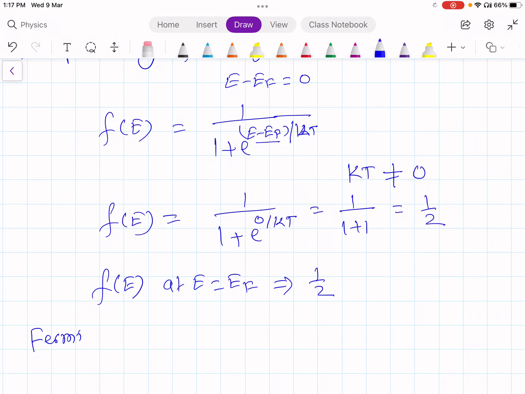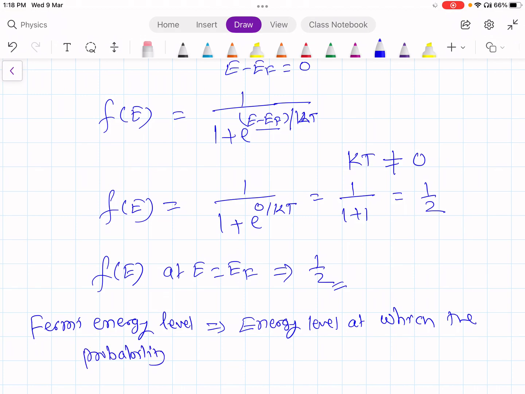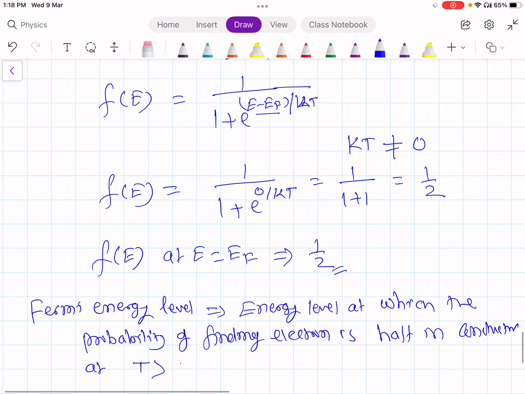So the Fermi energy level is the energy level at which the probability of finding electron is half, in conductor at T greater than 0 Kelvin.